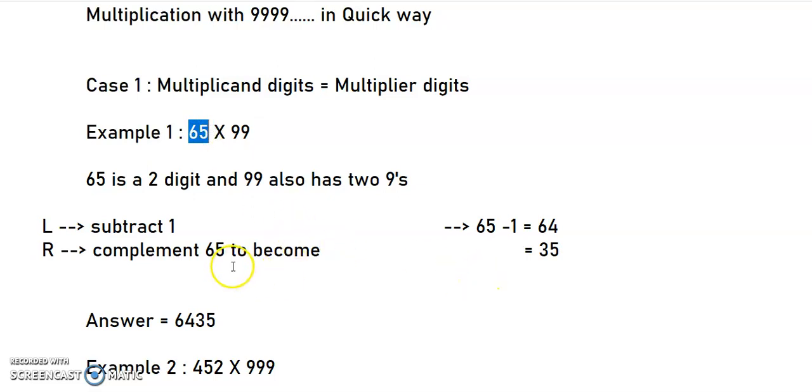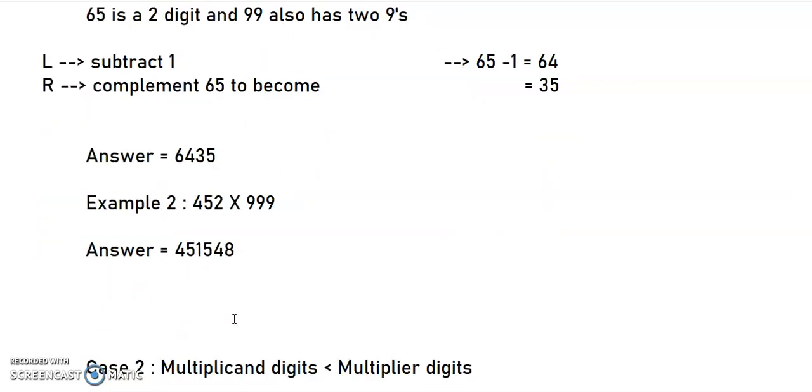So 100 minus 65 is 35, and the answer is 64, 35. Hope this is clear. We'll see a few examples for better understanding.